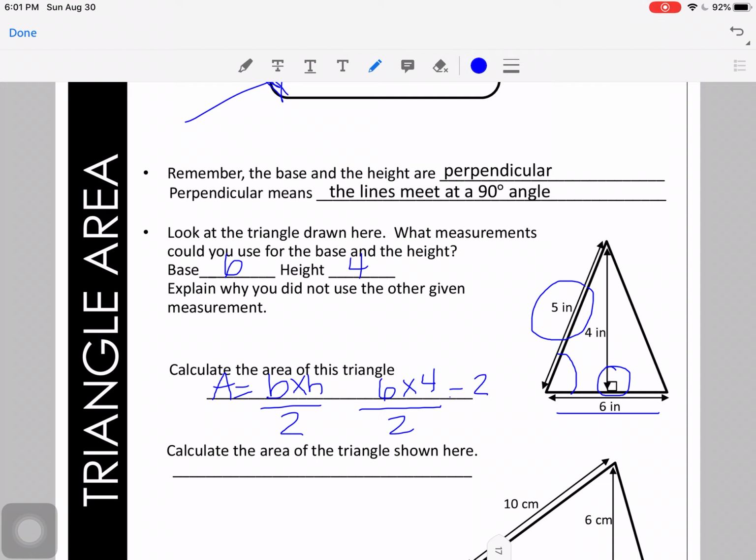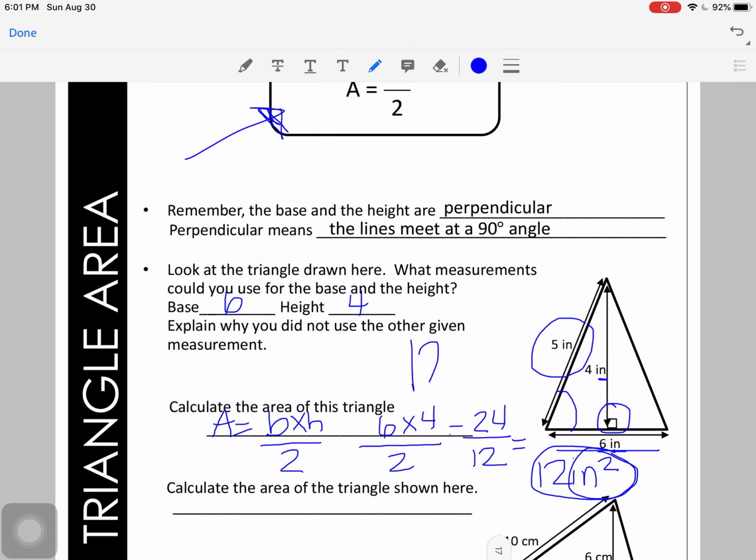We get 24 divided by 2, which gives us an area of 12 inches squared, or square inches, whichever one you prefer. Remember, we multiply unit times unit to get square units. So the area of this triangle is 12 square inches.